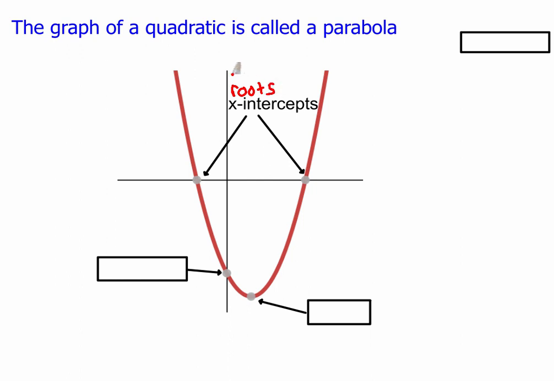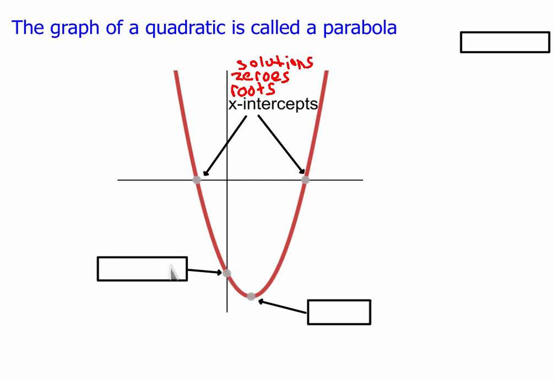Sometimes they'll be called zeros. And sometimes you're going to see them called solutions. What's important to know is that if you see any one of these four words, x-intercepts, roots, solutions, or zeros, they all just mean the exact same thing.